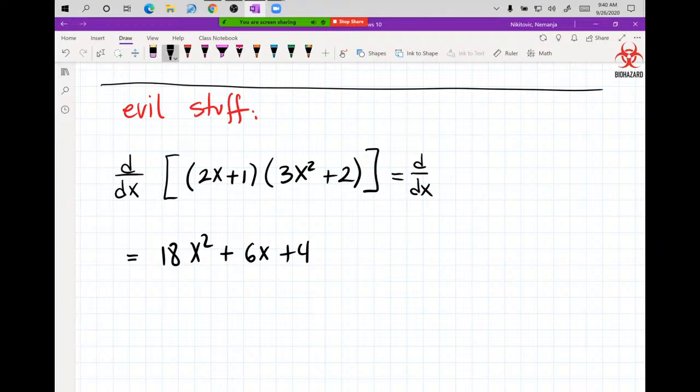So once we FOIL this mess, we get 6x cubed plus 3x squared plus 4x plus 2. And yeah, that's 18x squared plus 6x plus 4. The derivative of 2 is 0.